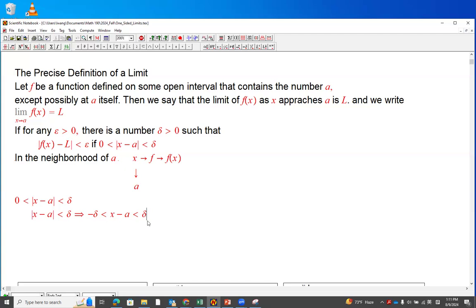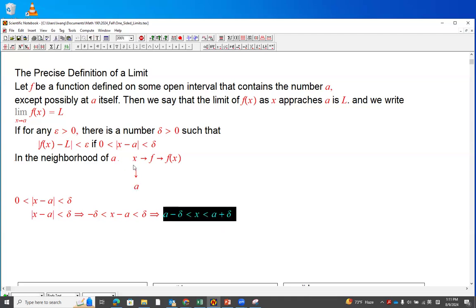And if we add a on all three sides, we get a minus delta less than x less than a plus delta. So that's the interval where those inputs are.